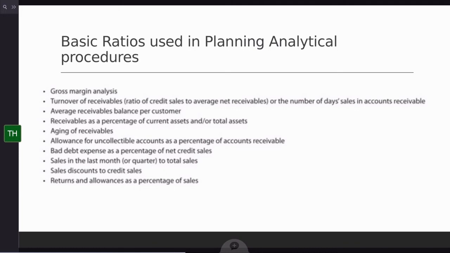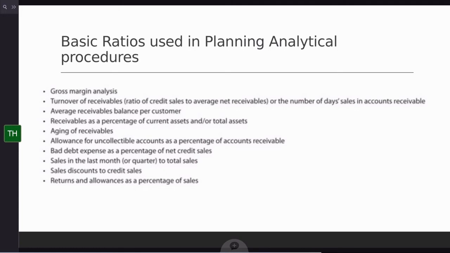The average receivables balance per customer. Receivables as a percentage of current assets or total assets. That aging of receivables, again, very important. Understanding also that allowance for uncollectible accounts as a percentage of accounts receivable and comparing that over a couple of years. What bad debt expense is per net credit sales.